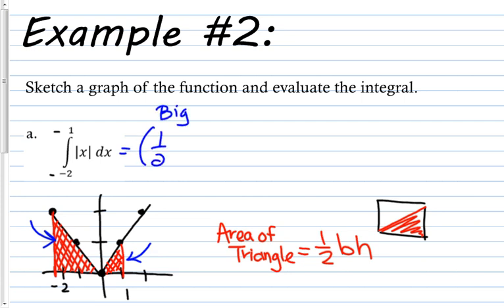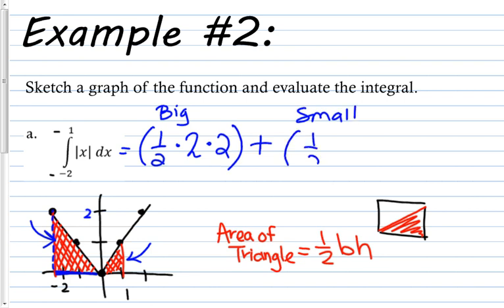So that's 1/2 times the base. My base is this right here, which is supposed to be -2 or 2, right? No such thing as negative lengths. And then my height is this here, and this was also 2. So there's the big triangle. And then the small one, 1/2 times, this is the base of my small triangle, it's 1.